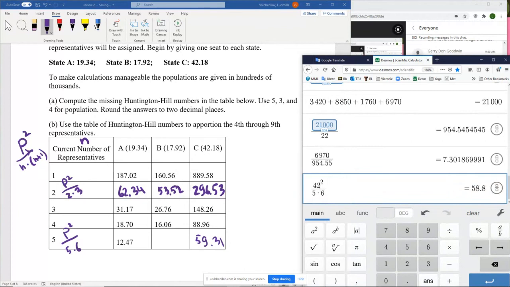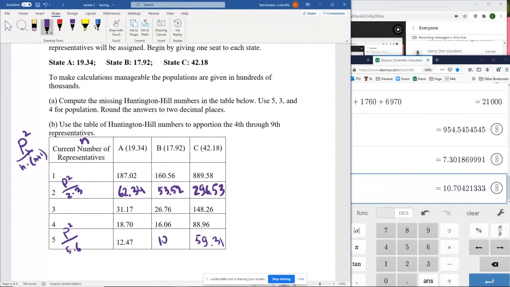And for state B, 17.92 squared divided by 5 times 6 will be 10.70. So after 0 we have 4, that's why we round down.